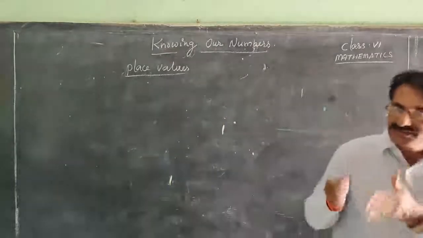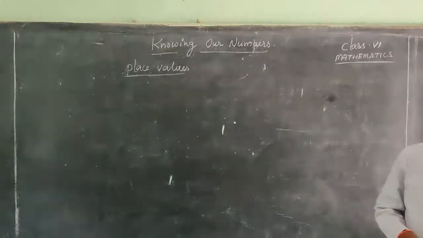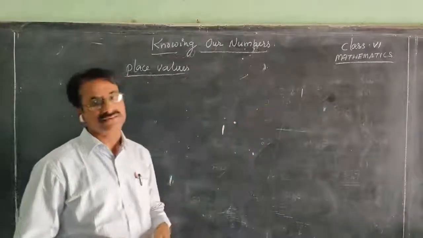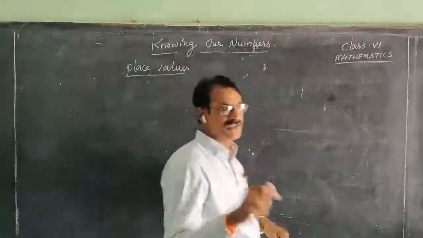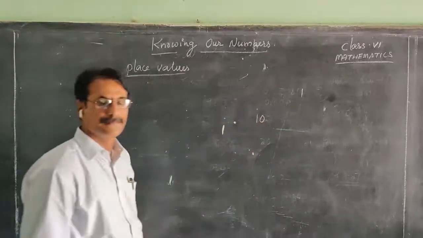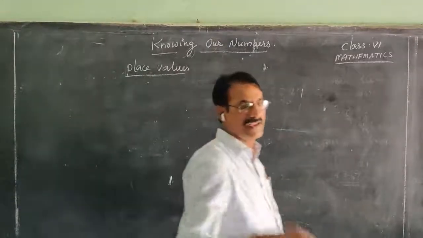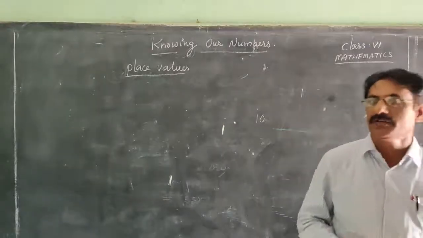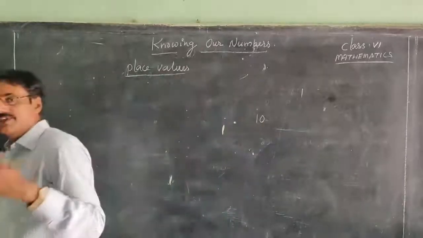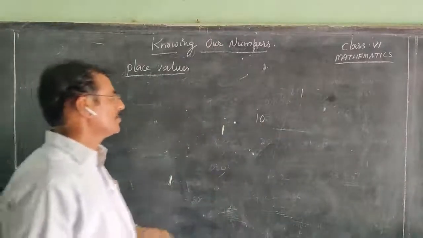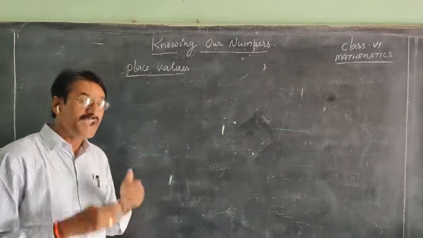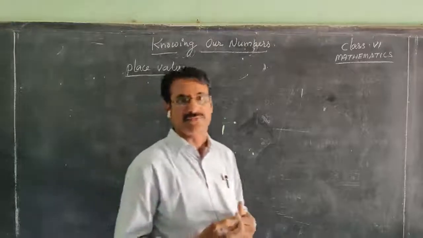If we put the digit 1 in different places, the value will change. If this 1 is in the tens place, we say the place value of 1 is 10. If that 1 is in the hundreds place, the place value of that 1 is 100, like that. So, with the help of these place values, we can expand the number. We call it the expanded form.